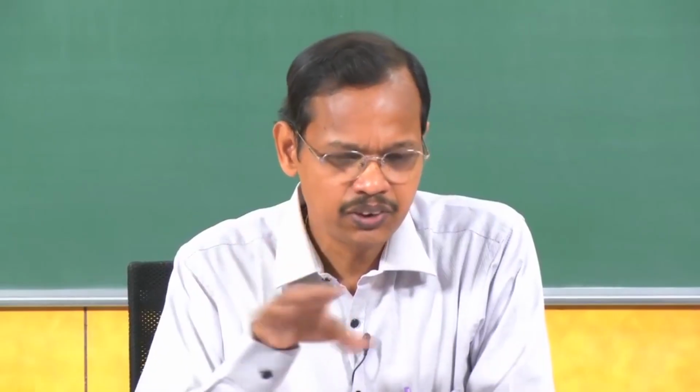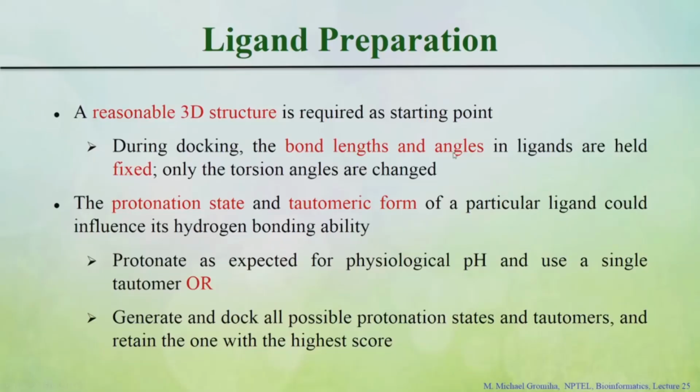So, if the protein side is fine, then go to the ligand side. On the ligand side we also need to have a probable 3D structure, because in docking mainly bond length and bond angle will not change much. So, they do not consider this, but the torsion angles are important, right. Torsion angles give you the rotation around the different atoms. Here also you have to see the protonation state and the tautomeric form.